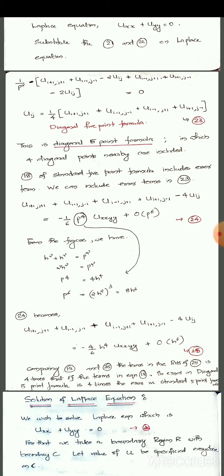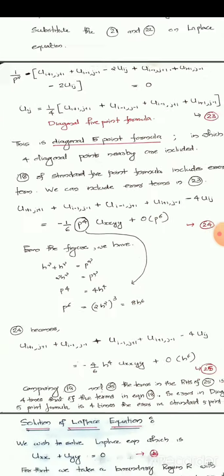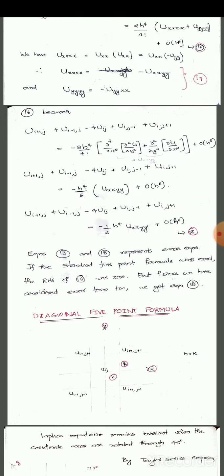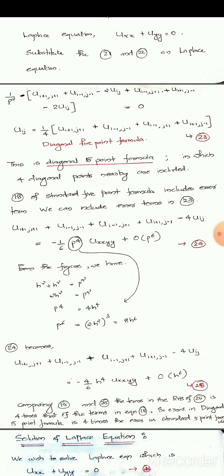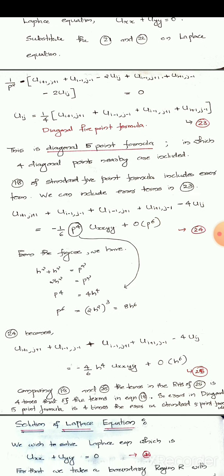Equation 24 represents the diagonal 5-point formula with the error terms. It is similar to equation number 18. Equation number 18 is the standard 5-point formula with errors, and equation number 24 is the diagonal 5-point formula with the error terms.